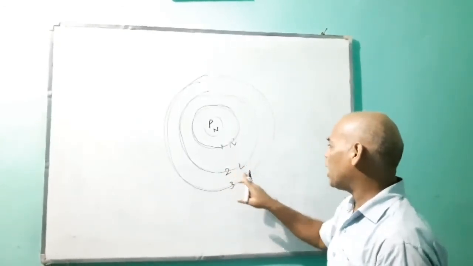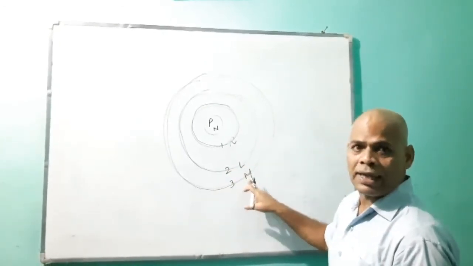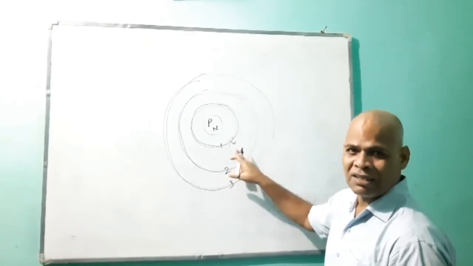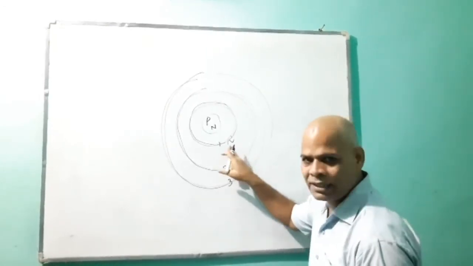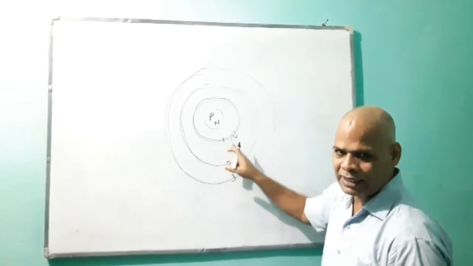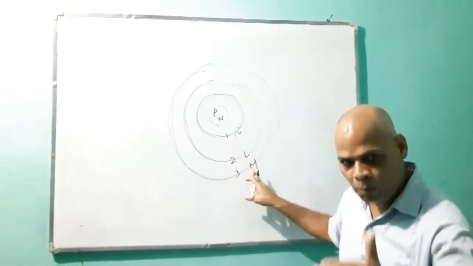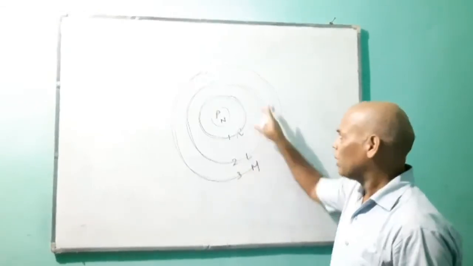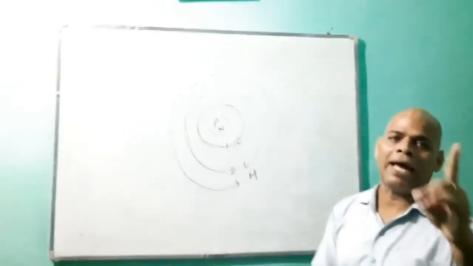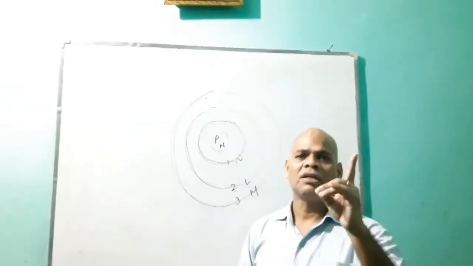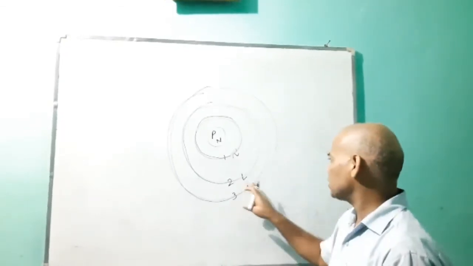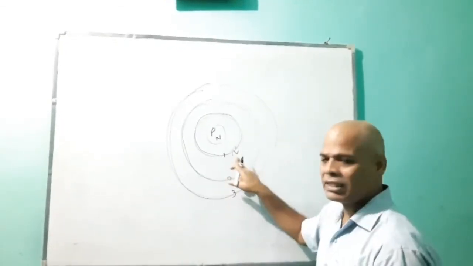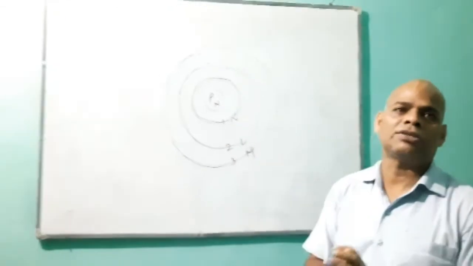So K has the lowest energy, L shell has more energy than K shell, M shell has more energy than L shell. So out of these three shells, M shell has maximum energy, L shell has less energy, K shell has the lowest energy.